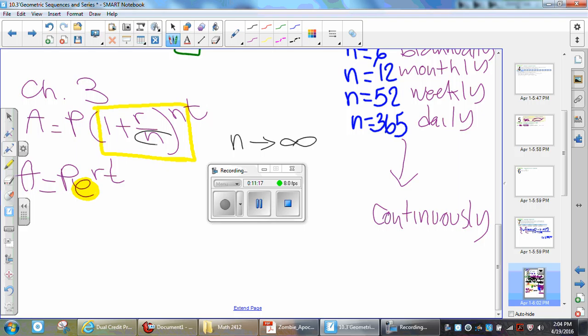As n gets larger, the approximations get closer and closer to e, which is an irrational number like pi. 2.7 what? And then what's the next digit?